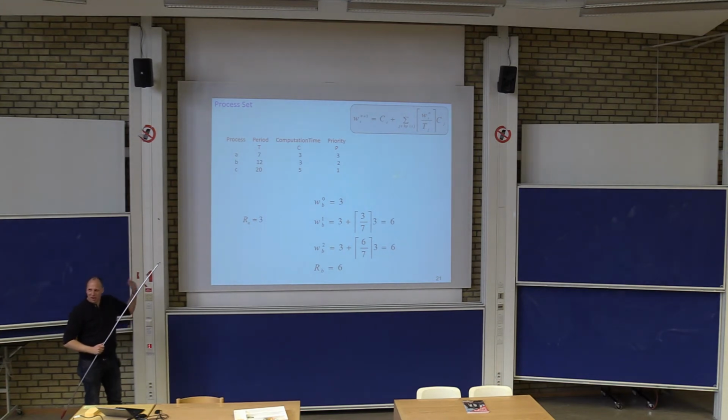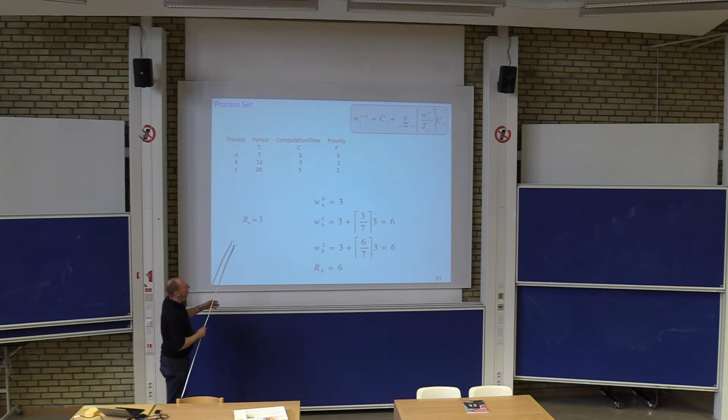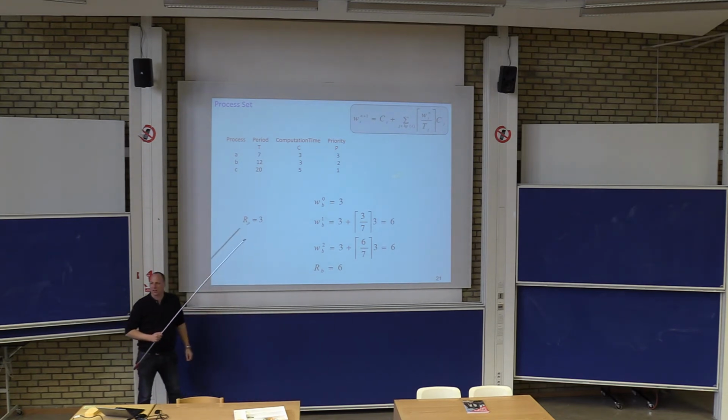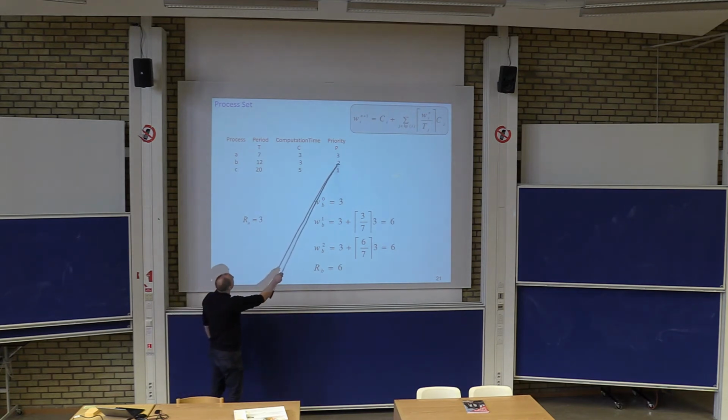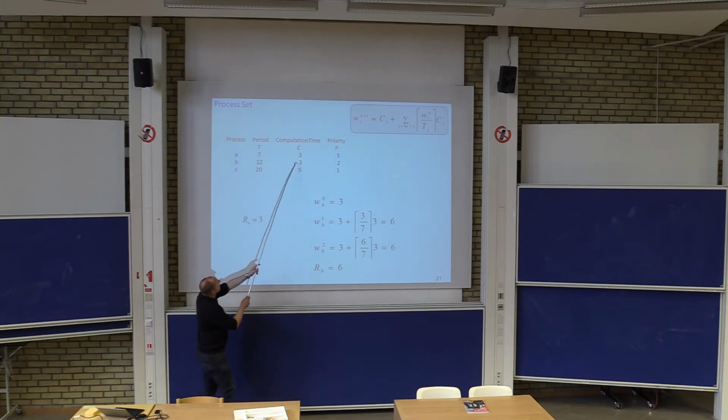Okay, so we start with the process with the highest priority. Then we continue on to compute the response time for the process with the second highest priority. In this case, that will be task B, right? And the computation time is 3. So we start with that as a guess. It can never be less than that.